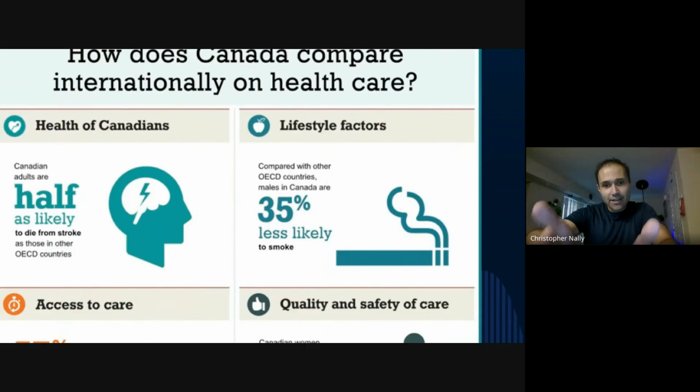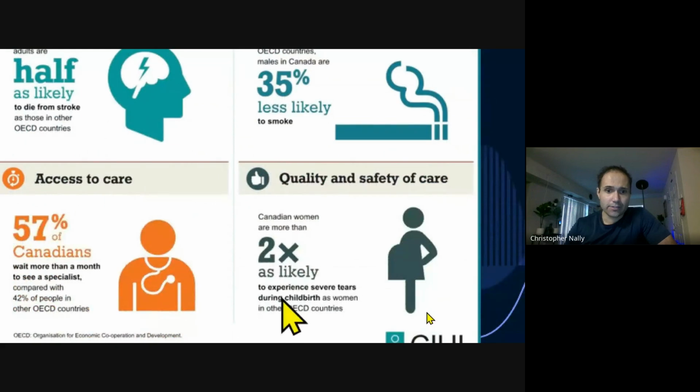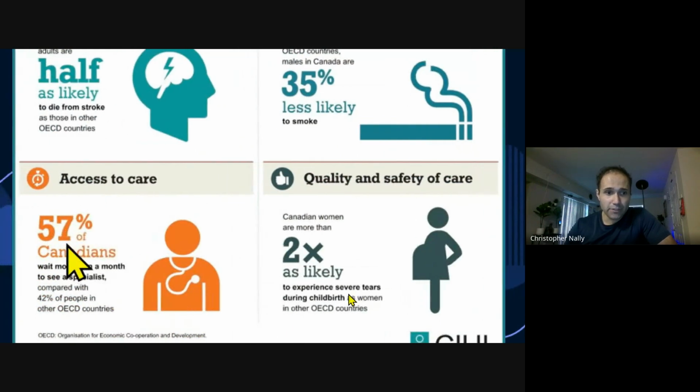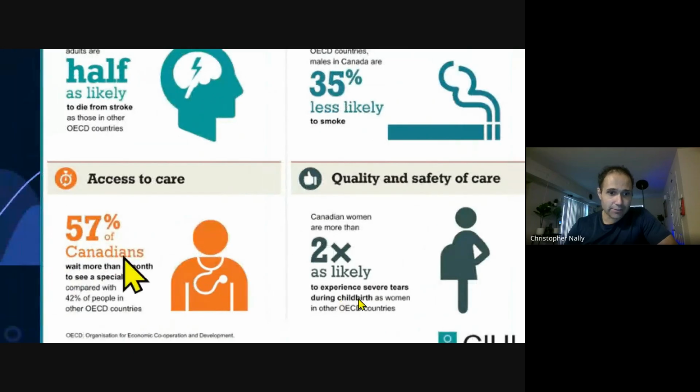Because if your audience is not going to read the whole thing, at least they can get the key bits of information, maybe one to two to three to four words that describe what that information set or data set is explaining. And two times as likely, 57% of Canadians, right? That is a factual index right there.